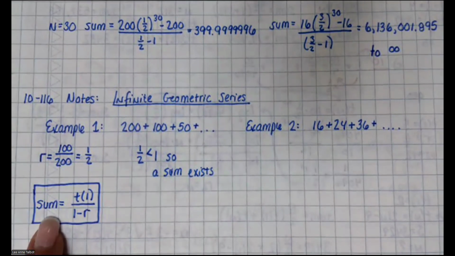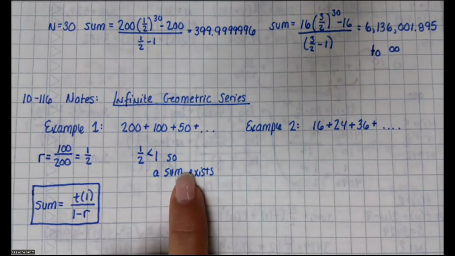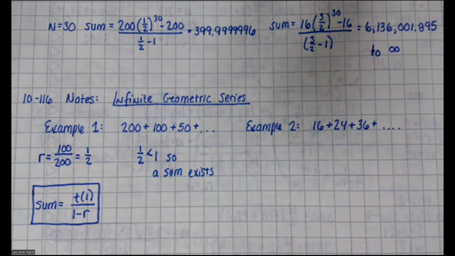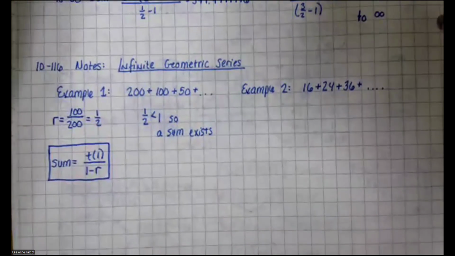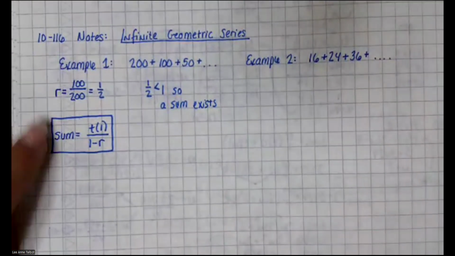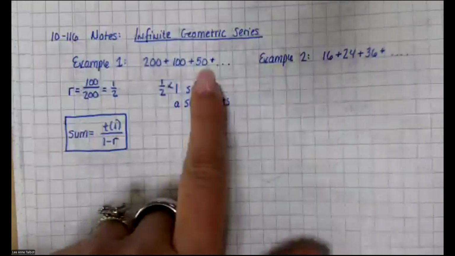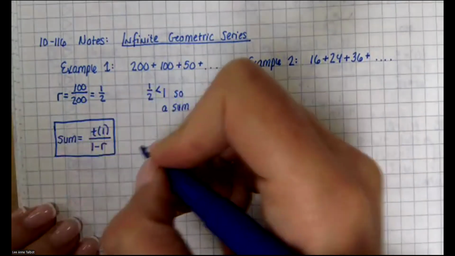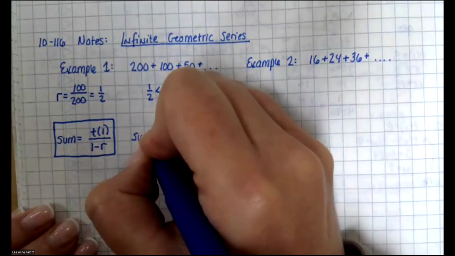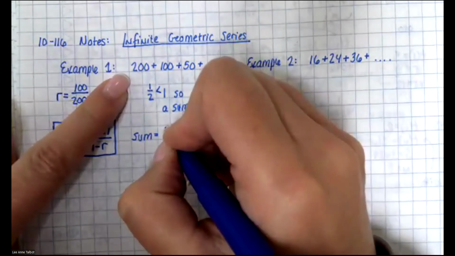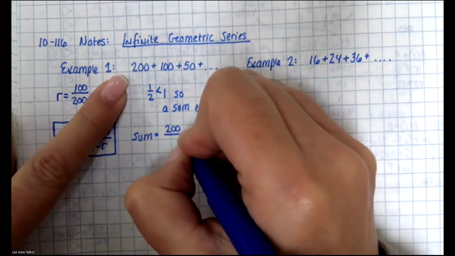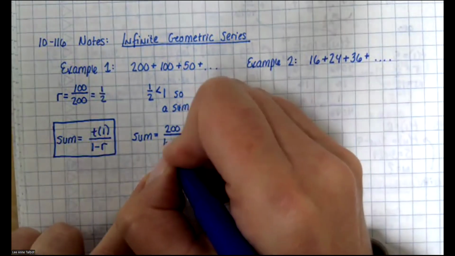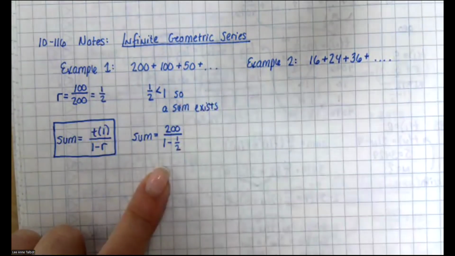And you only do this formula if the sum exists. Otherwise, it's infinity. So since a sum exists, because the numbers are getting smaller and the multiplier is less than 1, we can find the sum. Sum equals first term over 1 minus r.